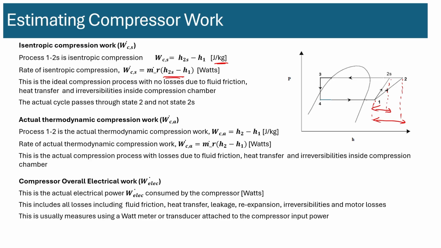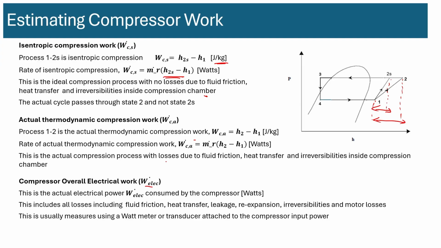Now you're also measuring a power using a watt meter. So both these things are work that is directly seen on the refrigerant side, right? So you're measuring refrigerant properties to calculate this work. Now, if you're not directly measuring refrigerant properties, you're measuring the electrical power consumed by the compressor, you get the overall electric work, right?